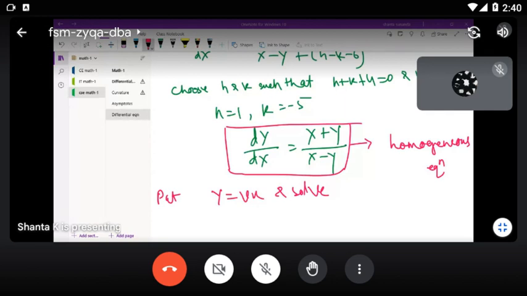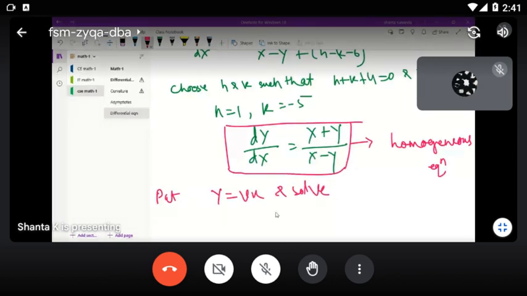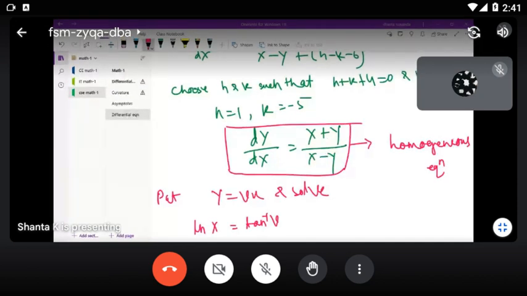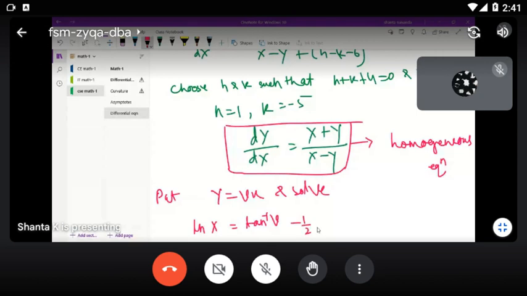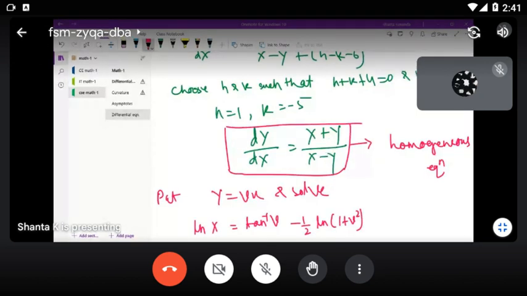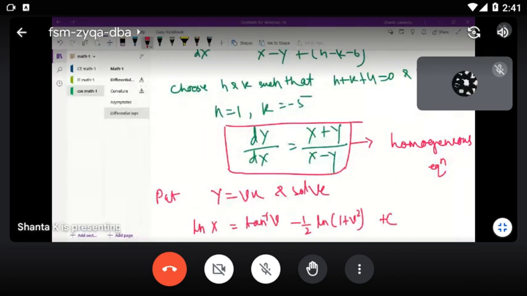Answer done. ln X equals tan inverse v minus half ln (1 plus v square) plus c.